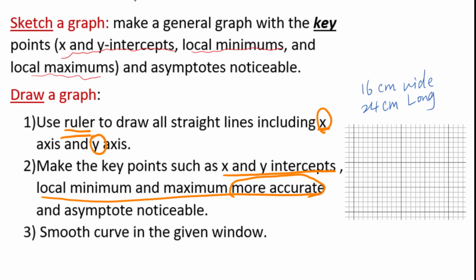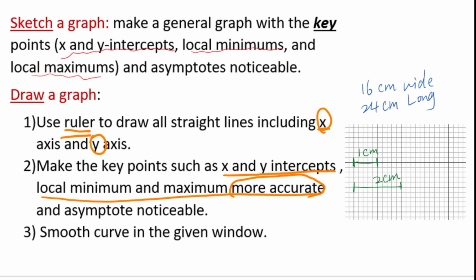IB graphing paper is 16 centimeters wide and 24 centimeters long. From here to here, this is 1 centimeter. Then from here to here, this is 2 centimeters.